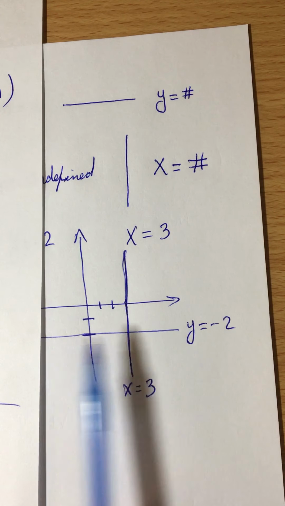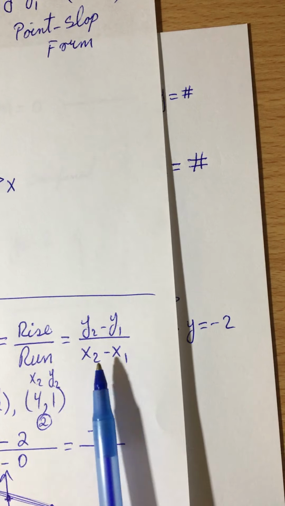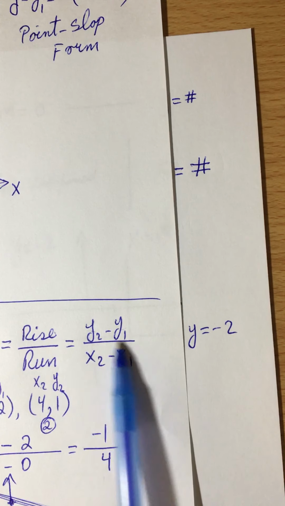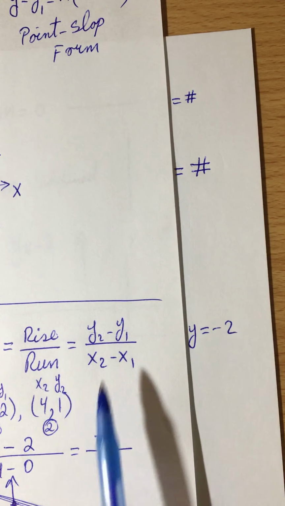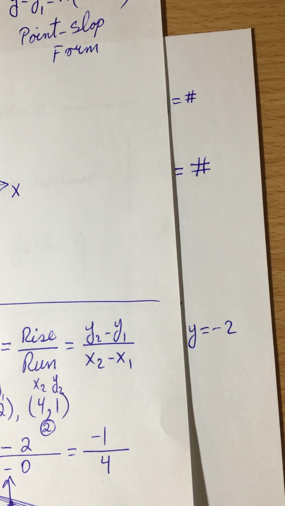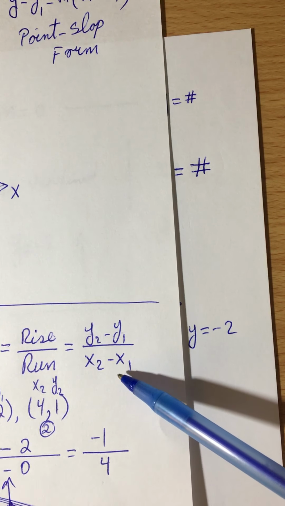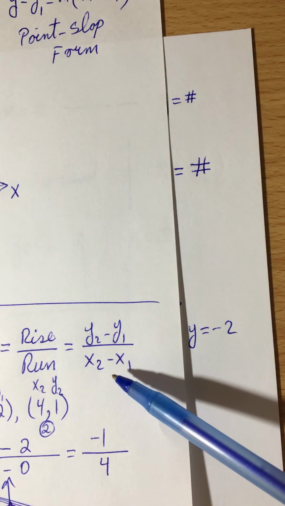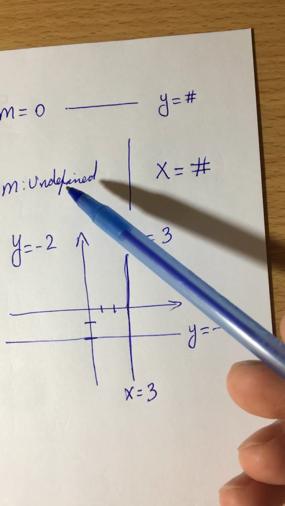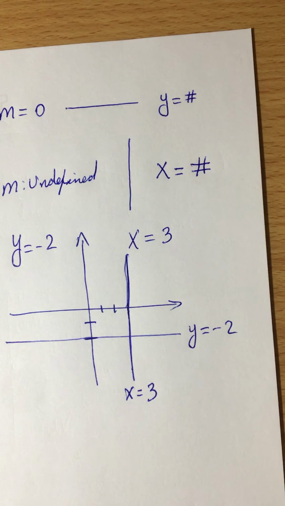So there is no change in the x direction. So when I plug this in here, the denominator will become a 0 because there is no change. And remember, if you have a fraction whose denominator is 0, then automatically the fraction becomes undefined. You cannot divide by 0. That's why the slope of a vertical line is always undefined.